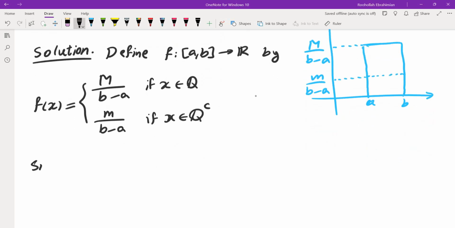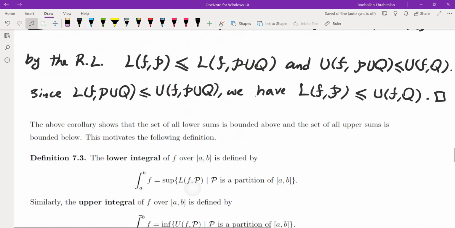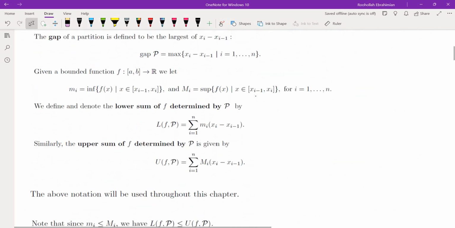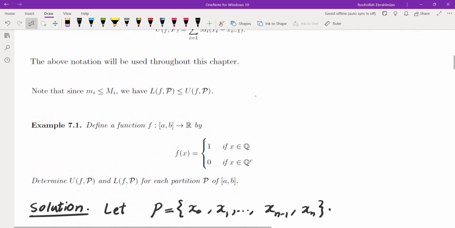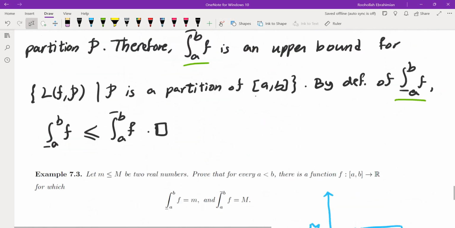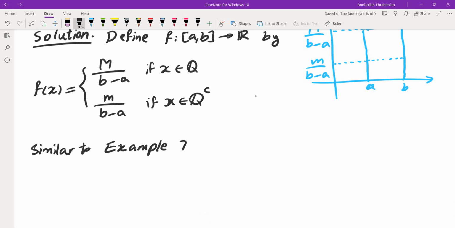So similar to the example that we did, I believe it was Example 7.1. Go back and look at the example that we did. Yes, 7.1.